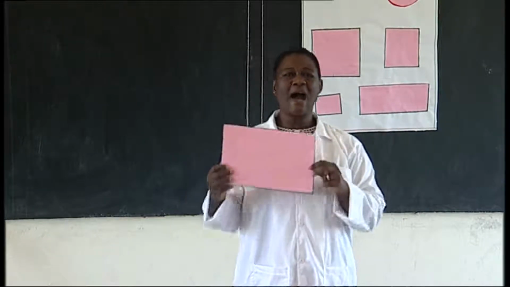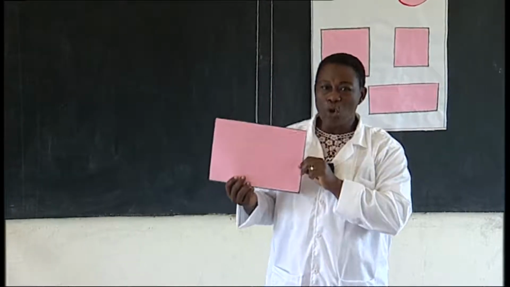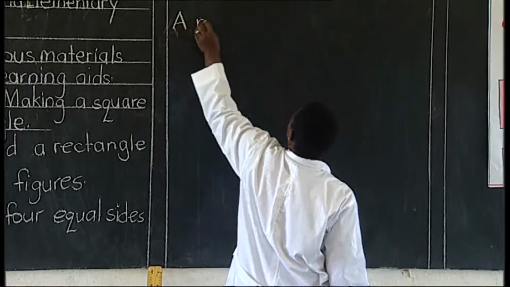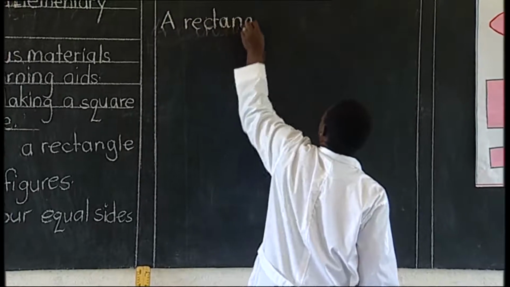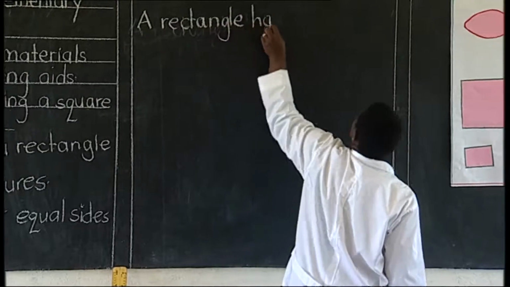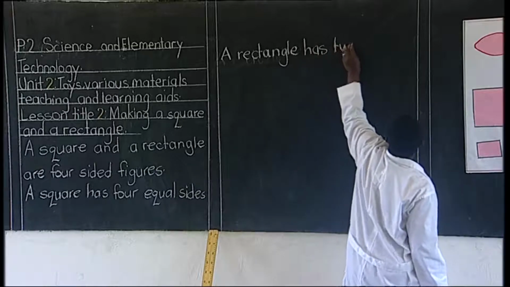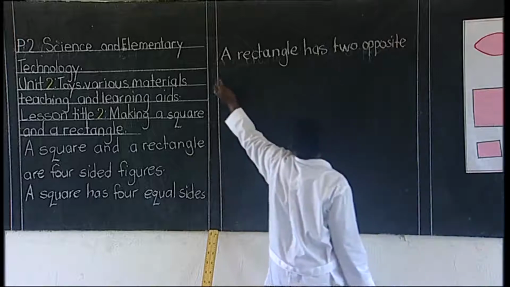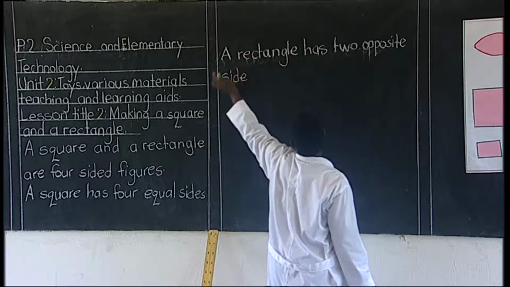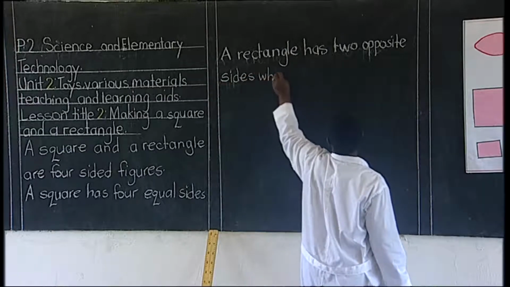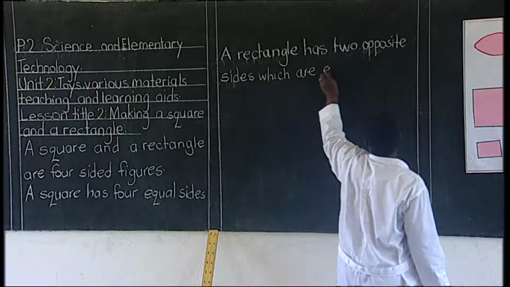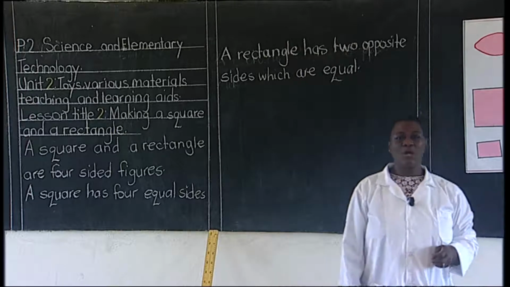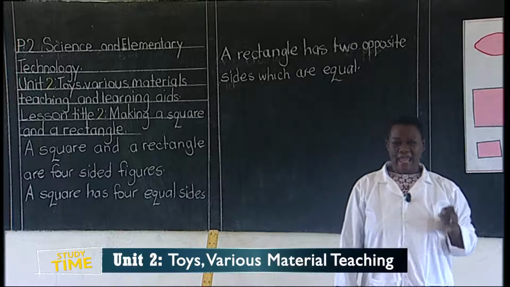So a rectangle has two opposite sides which are equal.